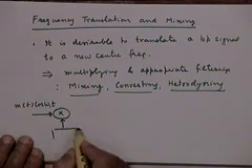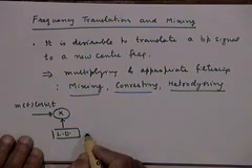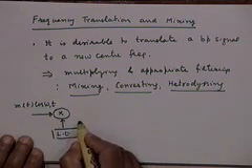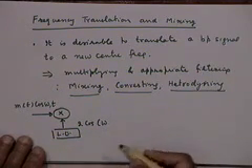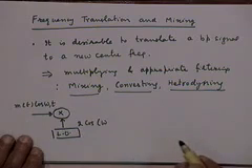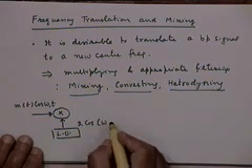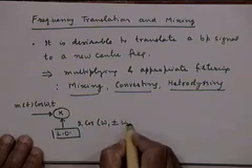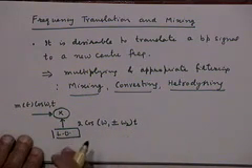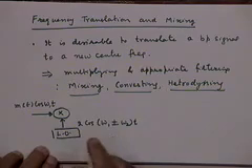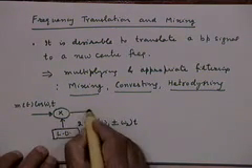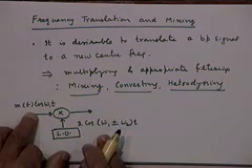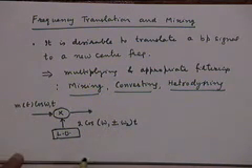I should have a local oscillator. What should be the frequency of this local oscillator? Either omega 1 minus omega 2 or omega 1 plus omega 2. Any one of the two will be fine, right? Then when I multiply these two, I'll get a sum frequency component and a difference frequency component.